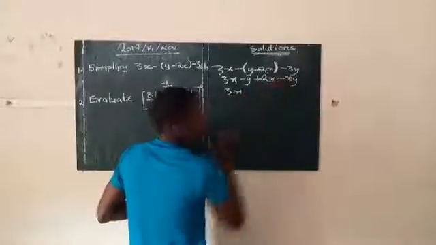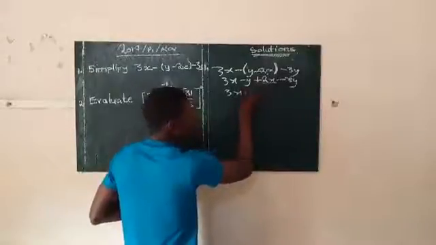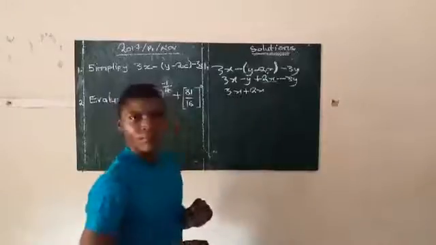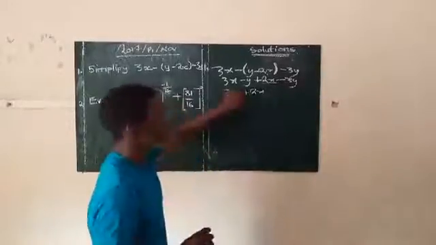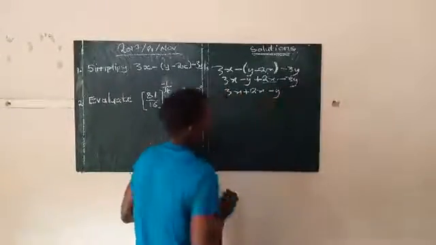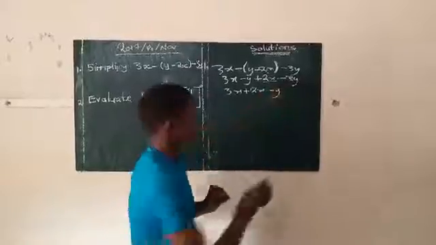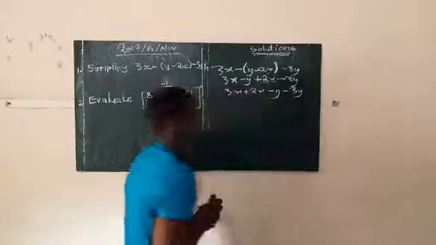We have the 2x there, so it is positive, we add plus 2x. Then we go to the terms that contain y. We have the negative y there, and we have the negative 3y.